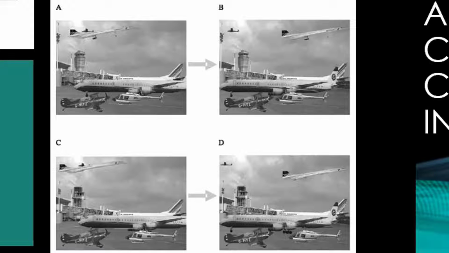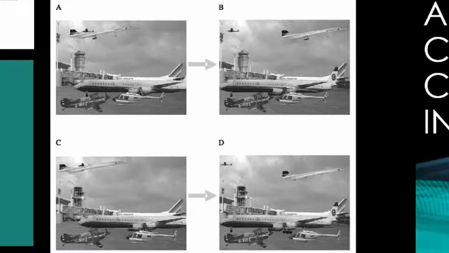What we're doing now is not the same as the experiment, but in this experiment, when it was run, people from America and people from Japan, representing Westerners and East Asians, were shown the pictures in sequence, so first A, then B, or first C and then D, and they were asked, what is the difference, or what did you notice?